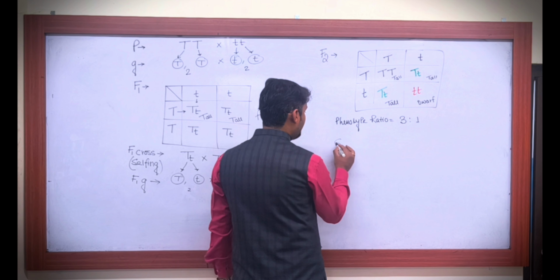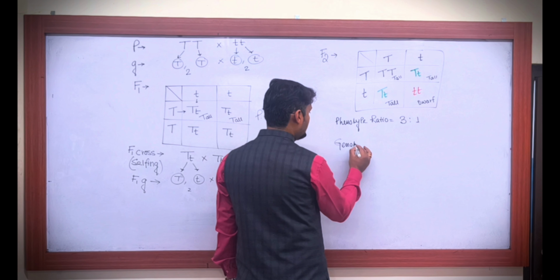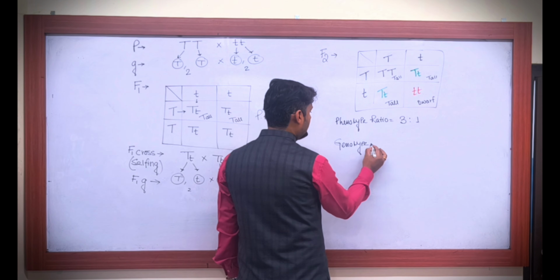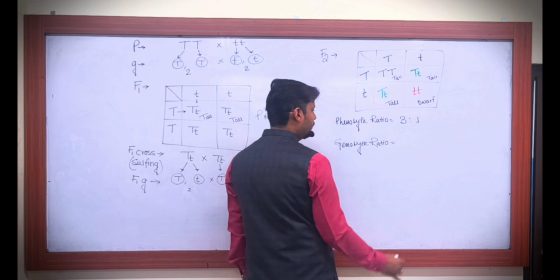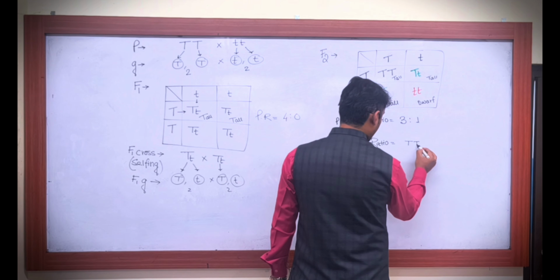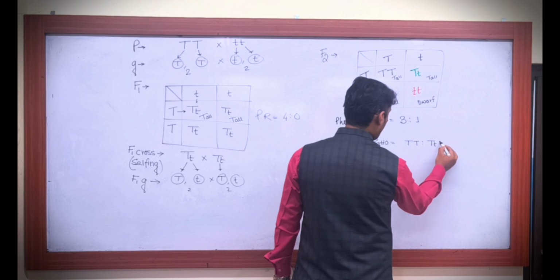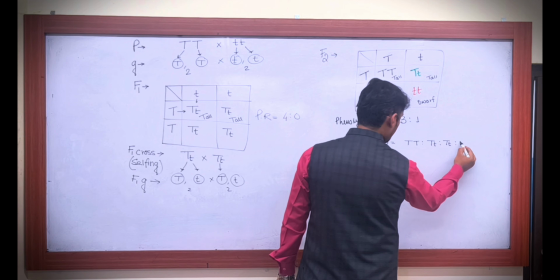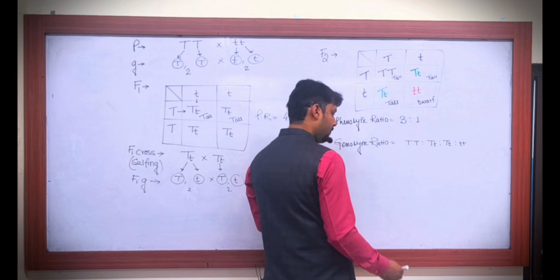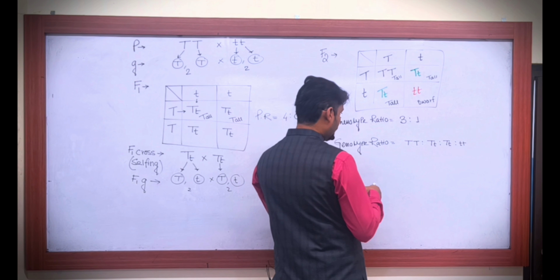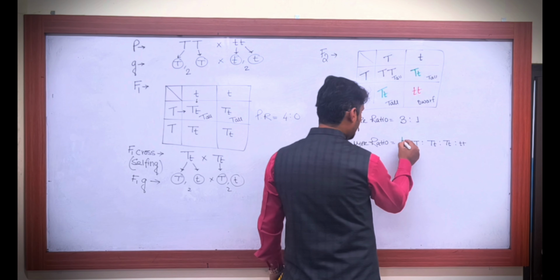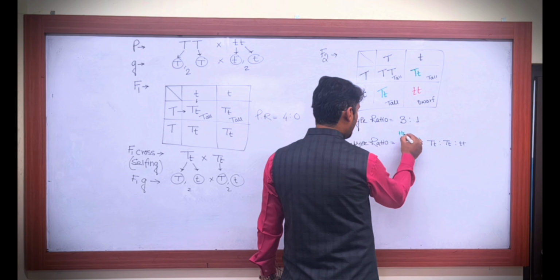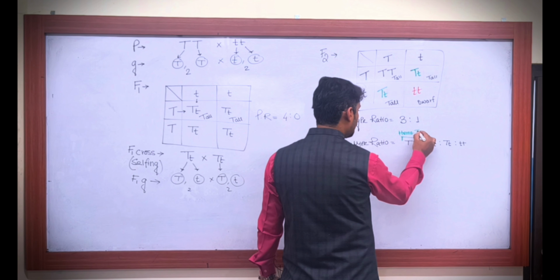Now, genotype ratio. So let's write down all: capital T capital T, small t capital T, small t capital T, small t small t. Phenotypically, this one capital T capital T is homozygous tall.